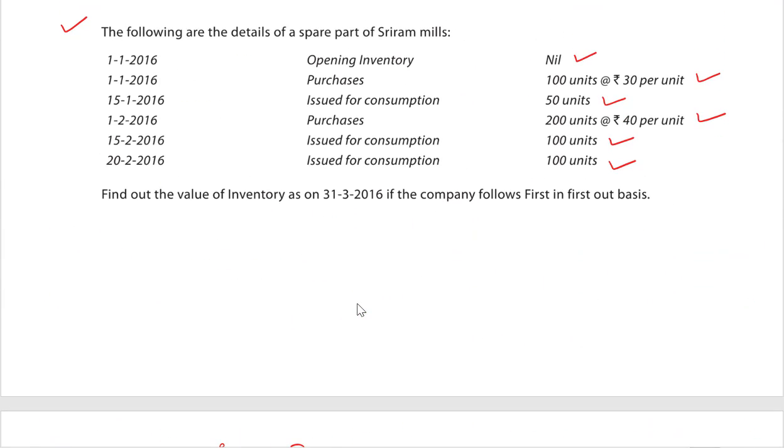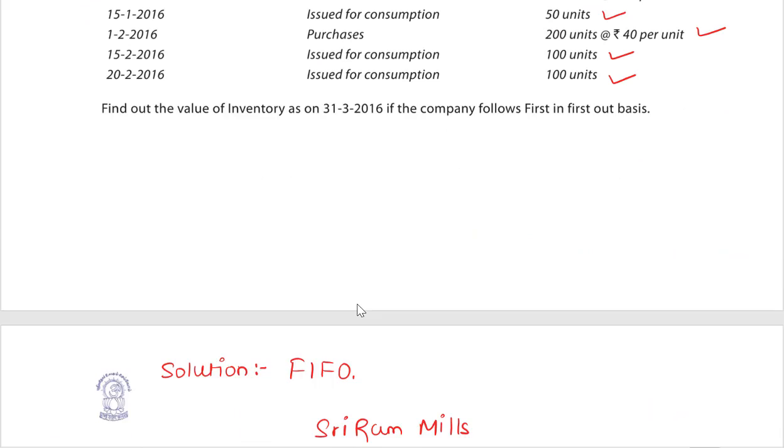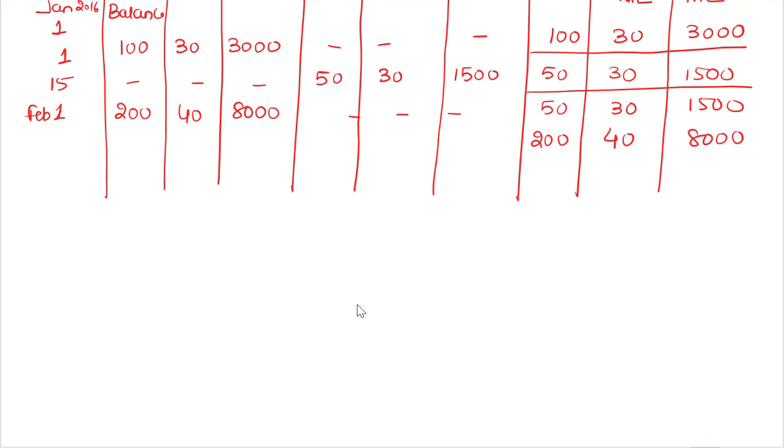Then 15th February issue 100 units. From this 200, 100 units is issued.